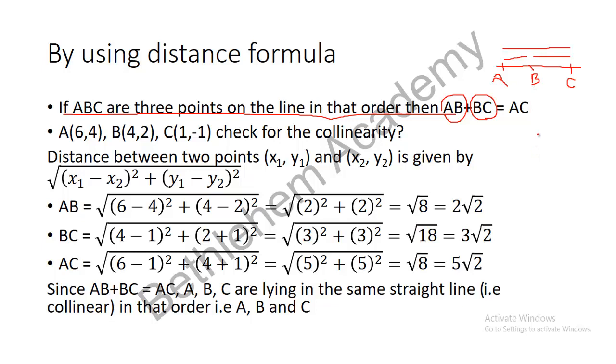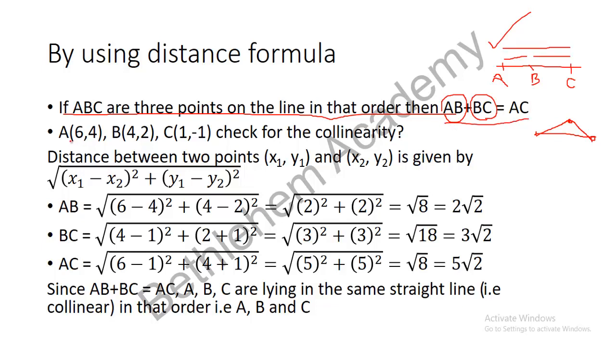If they are not on the same line, this condition will never be satisfied. Take 3 points which are not on the same line; then if I calculate AB and BC, that will never be equal to AC. So this condition, AB plus BC equal to AC, will be satisfied if and only if they are on a straight line. So that's one criterion.